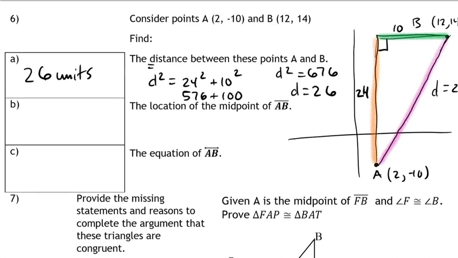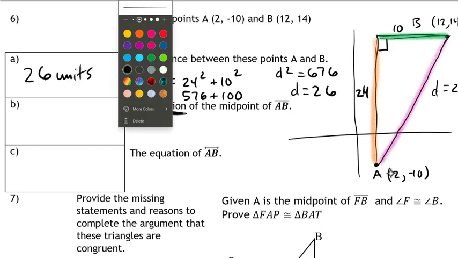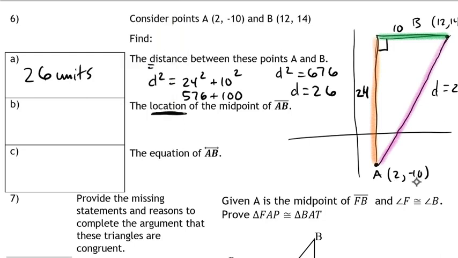The next question asks me to find the location, not the length of half of that distance, but the location of the midpoint. So where is the middle located? One of the ways we've discussed to find that is to look at the change in your y and change in your x and just go half of that distance. I can see that my y values are going from negative 10 up to positive 14.